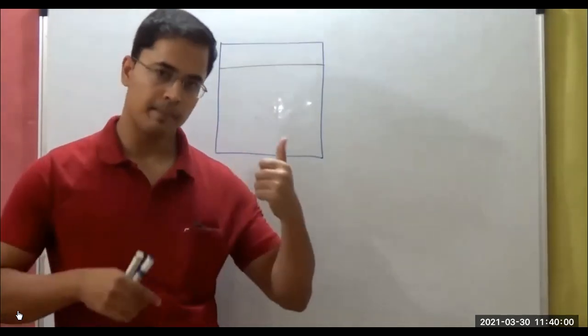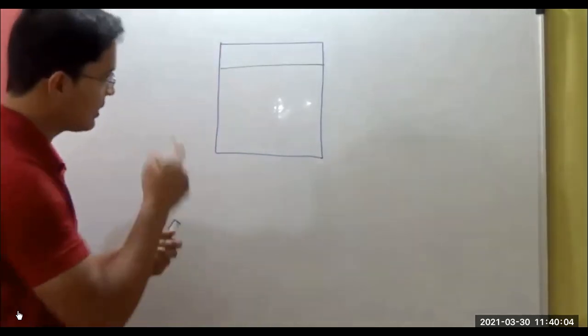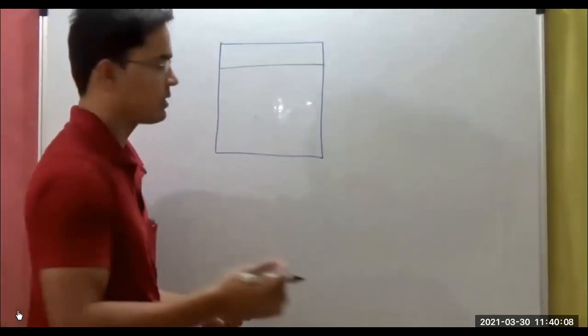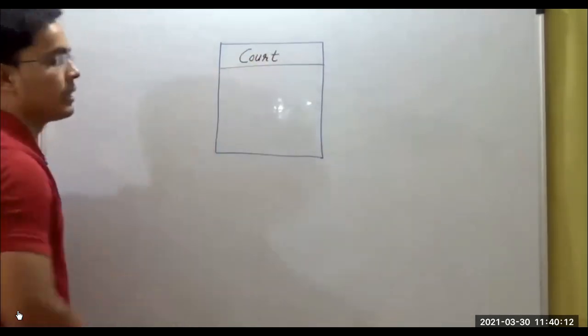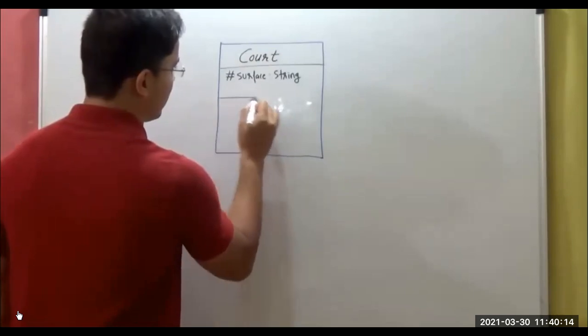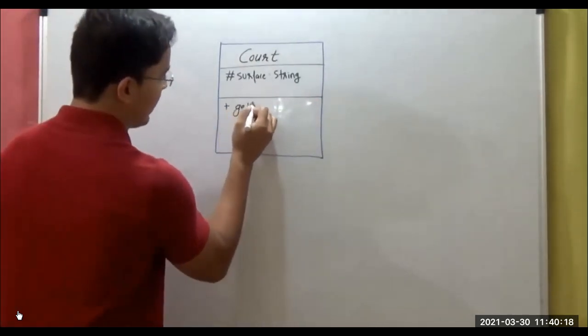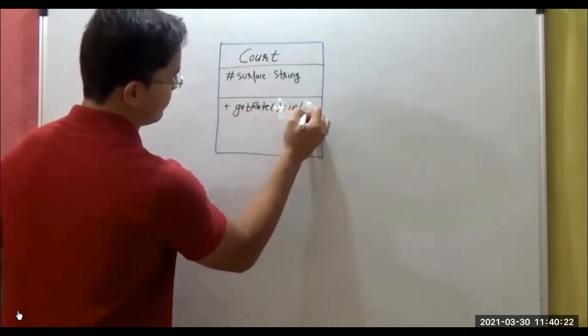It has to be either grass court, hard court, or clay court. So we'll make this court class abstract. The way to denote a class abstract is to write its name in italics. We have to write this in italics, and it will have certain methods. For example, let's say we'll have an abstract method getRate, and it has to return an integer.